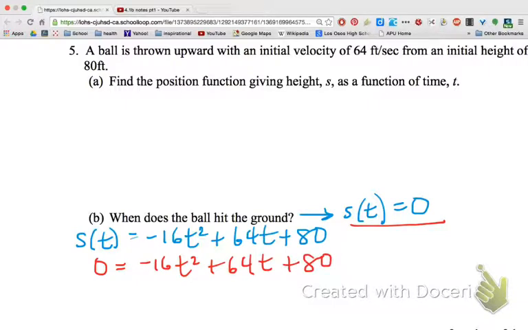Can probably pull out an 8 or maybe even a -8. Oh, I guess I could have pulled out a 16. Ooh, let's pull out 16. Let's pull out a -16.